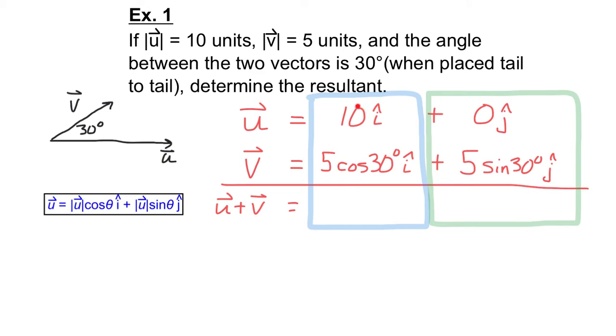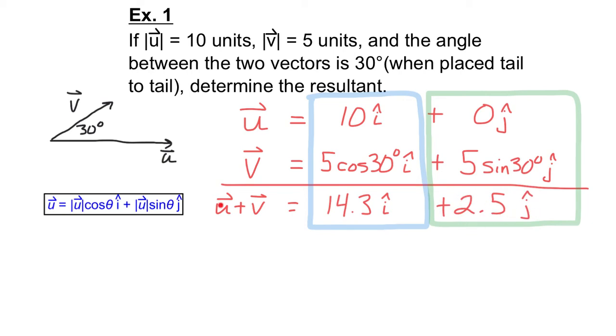So in my calculator, I'm just going to write 10 plus 5 cos 30, which is about 14.3. So the x component of my resultant is 14.3 i hat. Now the y coordinate in my calculator is 0 plus 5 sine 30, which is 2.5. So my y component is 2.5 j hat.